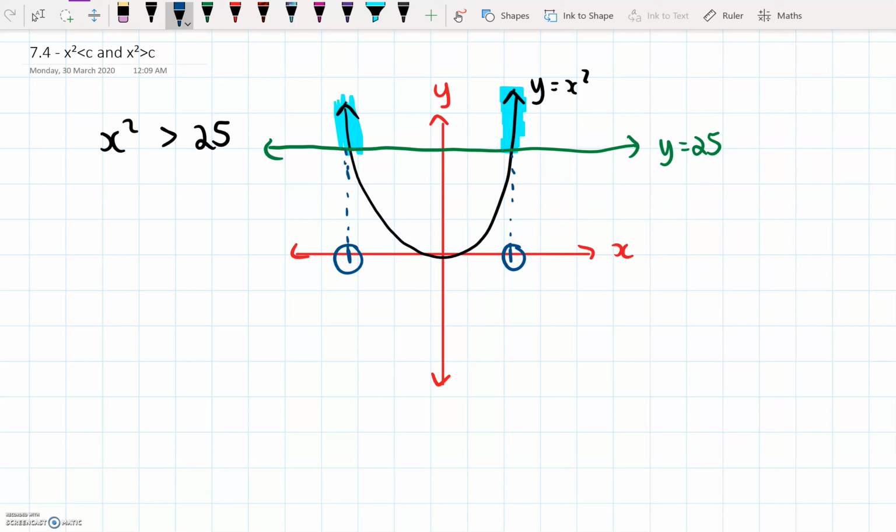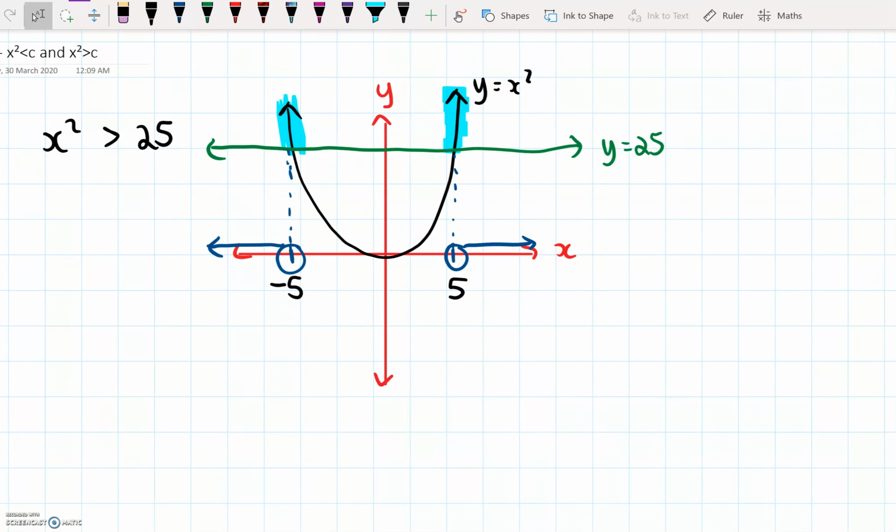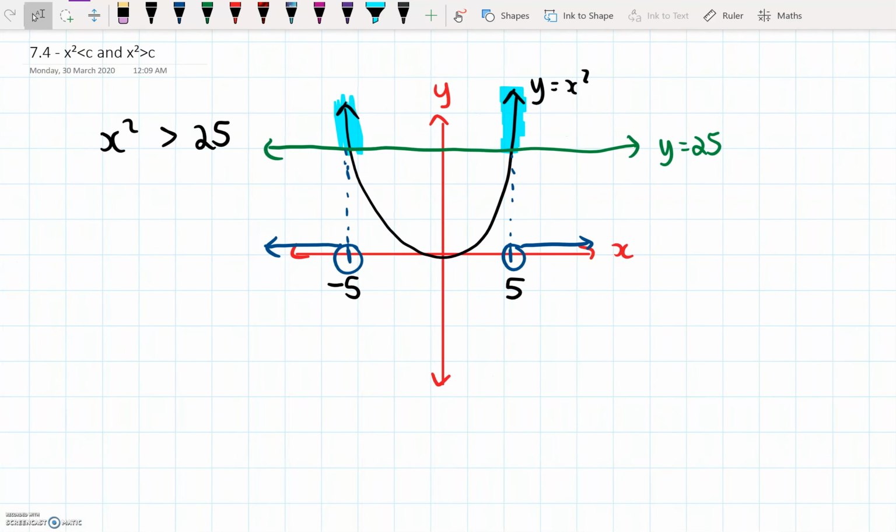We know that it's here and out on both sides. All you have to do is take the square root of 25. So we know straight away that this one's going to be -5 and this one's going to be 5. It's outside. So our solution is x is less than -5 or x is greater than 5. And we're done.